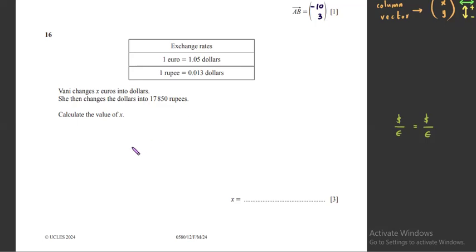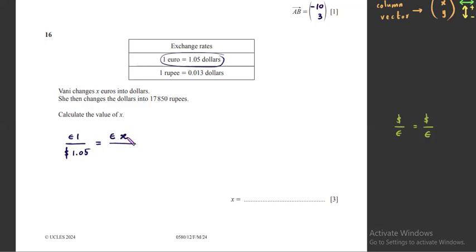Now, to do this, first I'm going to consider the relationship between euros and dollars. So we know that 1 euro is the same as $1.05. Using this exchange rate, we're going to find what we get for X euros.